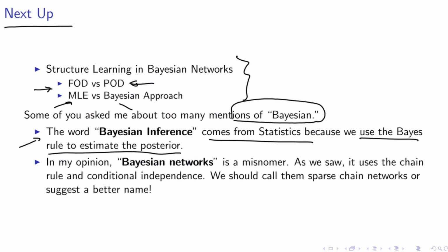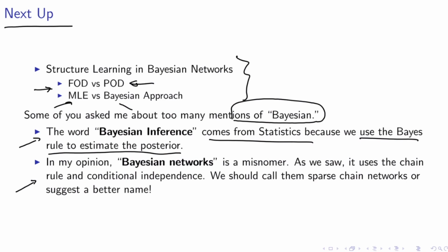So I like the word Bayesian inference being used because we are actually using the Bayes rule to compute the posterior. However, in my opinion, Bayesian networks is kind of a misnomer because we actually never use the Bayes rule in the context of Bayesian networks.